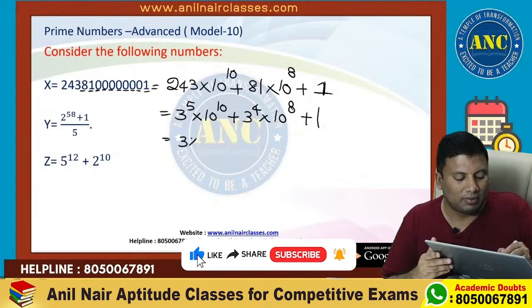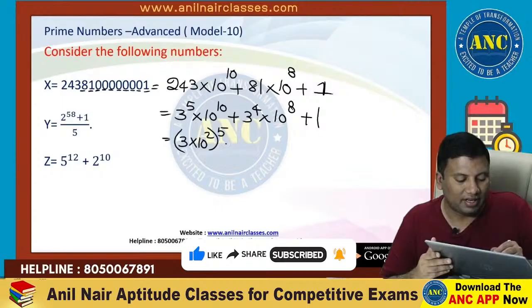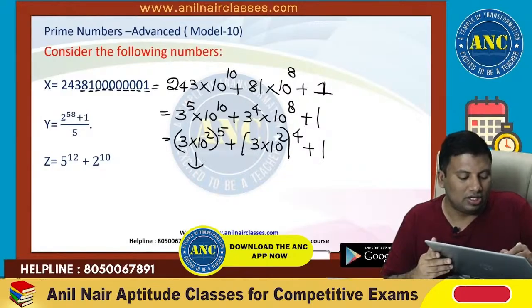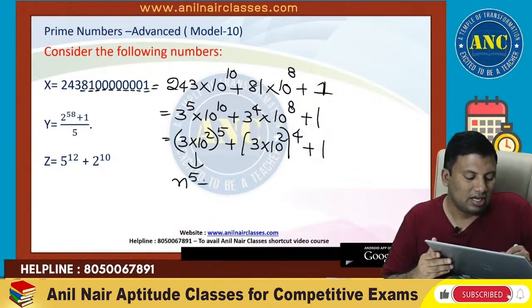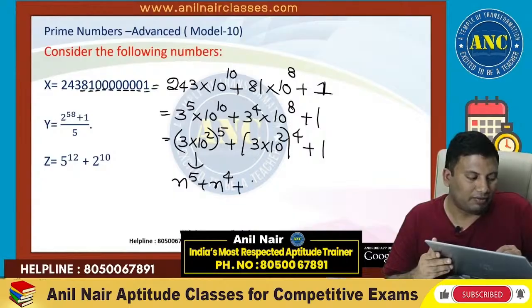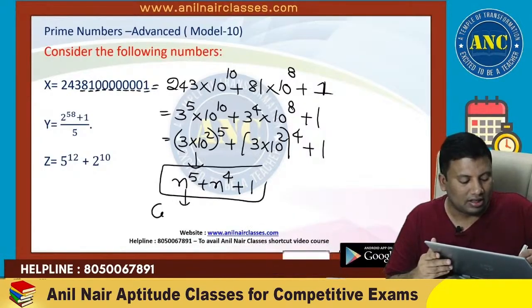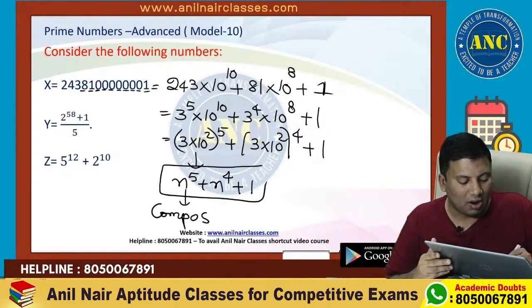This is nothing but (3 into 10^2)^5 plus (3 into 10^2)^4 plus 1. Here 3 into 10 square is n. n^5 + n^4 + 1 is always a composite number.